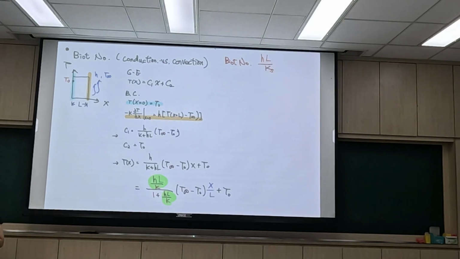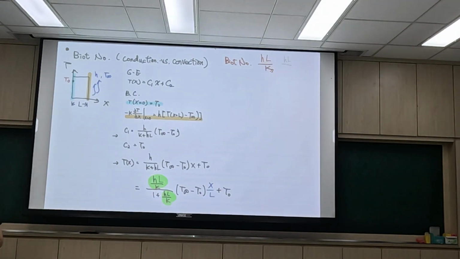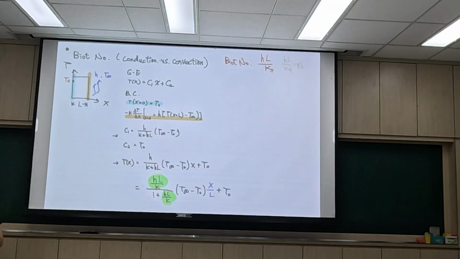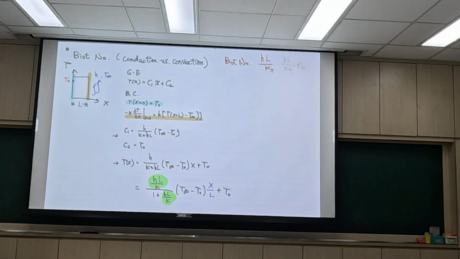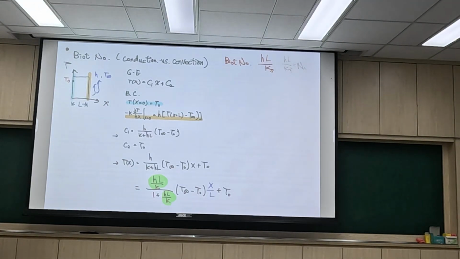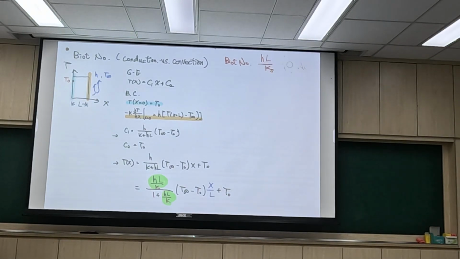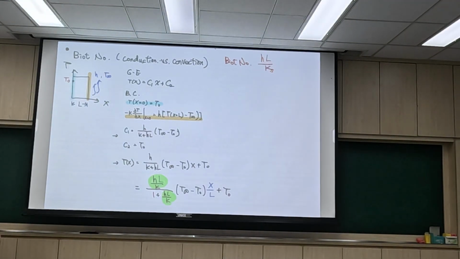The equation will be exactly the same, but for the fluid we call it the Nusselt number. I will describe it later, but for now just remember for the Biot number, K is in the solid. Let me erase this one.